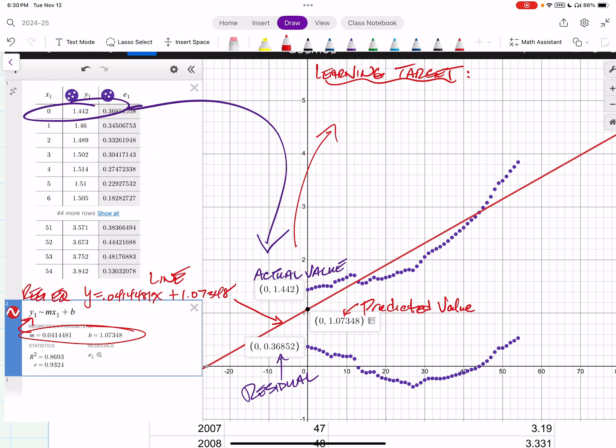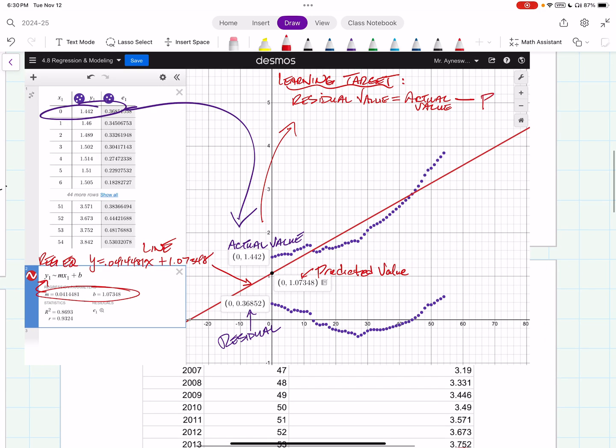The residual equals the actual minus the predicted value. I'll prove this mathematically in a minute. The residual value is equal to the actual value minus the predicted value.